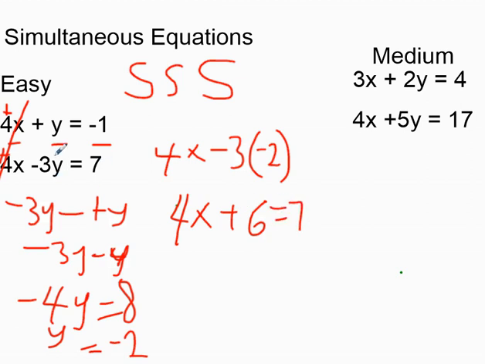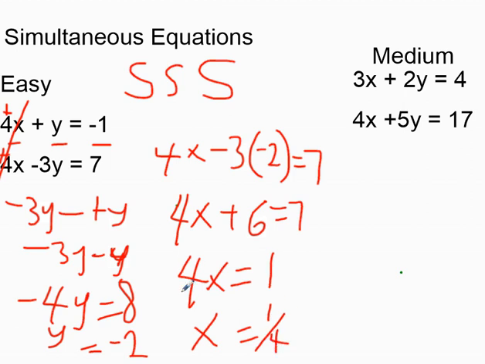Remember, we're using the bottom one, 4x minus 3y equals 7. So this becomes 4x equals 7 take away 6, which is 1. And our x then becomes 1 over 4.